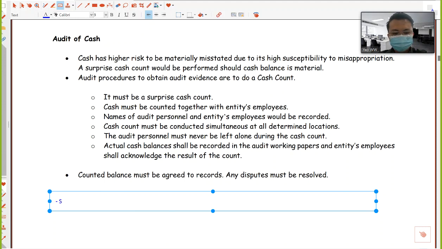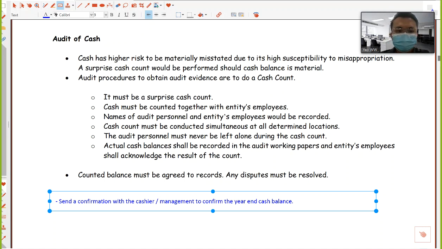Yeah, so this is the procedure that we will be doing. Send a confirmation. Of course, this is to confirm with the management, okay, with the cashier or management to confirm the year-end cash balance.